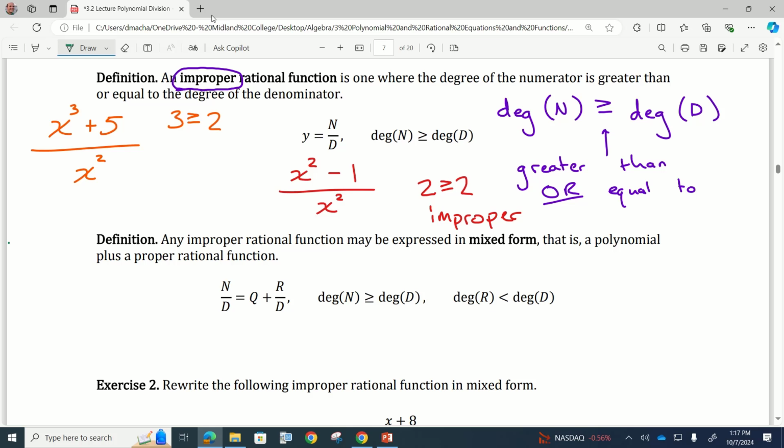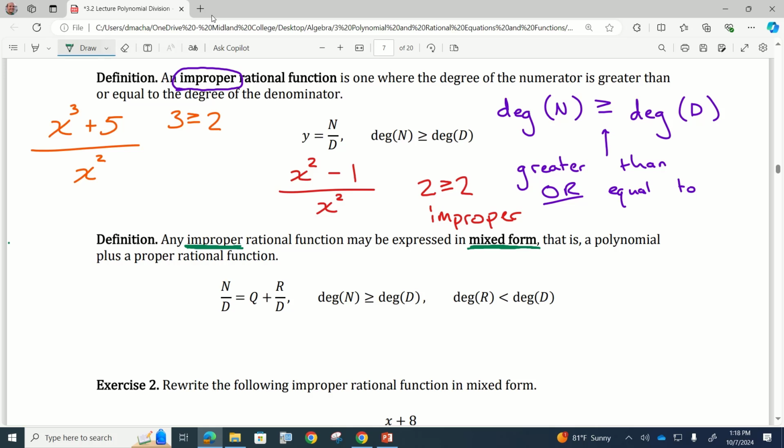Now this should sound a little bit familiar, like in analogy to fractions, right? Any improper rational function can be expressed in a mixed form. Just like an improper fraction can be represented as a mixed number, where a mixed number is an integer plus a proper fraction, an improper rational function can be expressed in what we call mixed form, and that's just a polynomial plus a proper rational function.